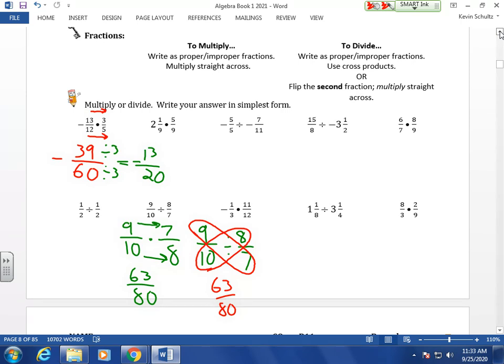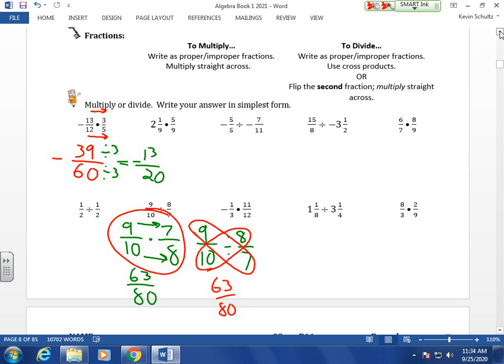So since 9 is in the numerator of that first fraction, you're multiplying 9 by 7, you know that 63 is going to be in the numerator of your answer. The 10 being in the denominator of that first fraction, 10 times 8, it's going to be in the denominator there, which is the advantage of the flipping method, because it makes it very obvious, because you're just going straight across, right? But either method works.